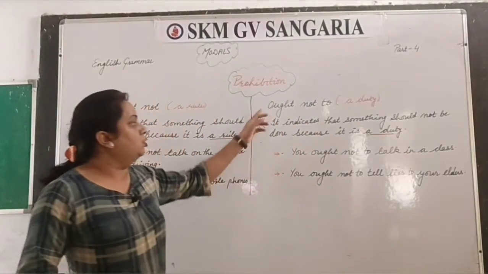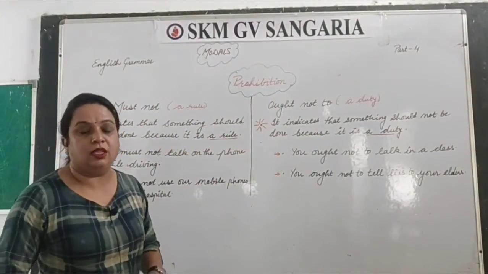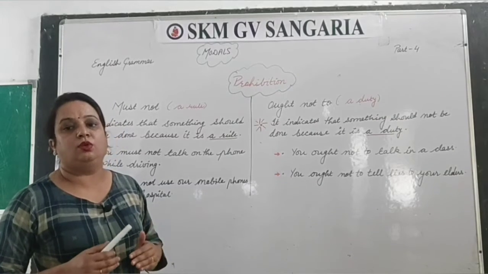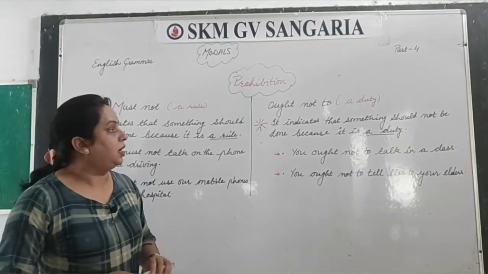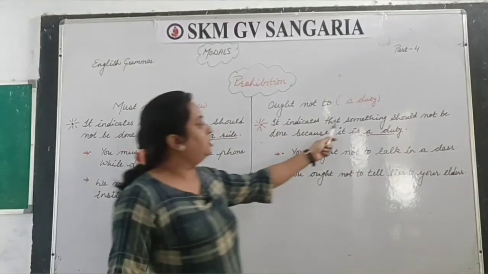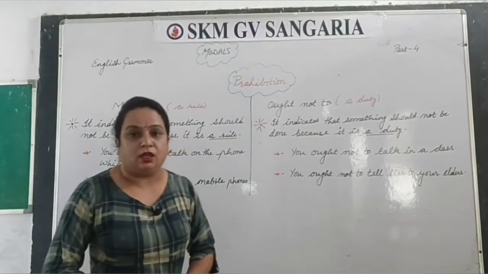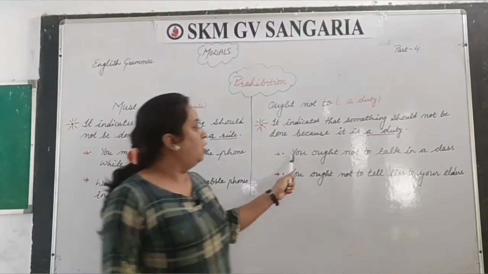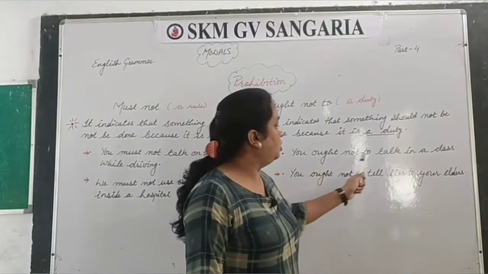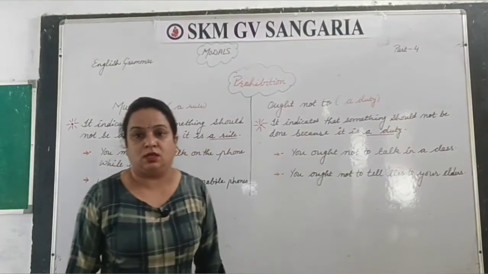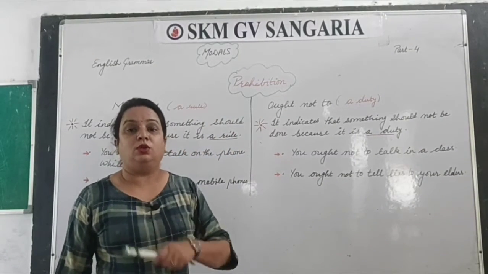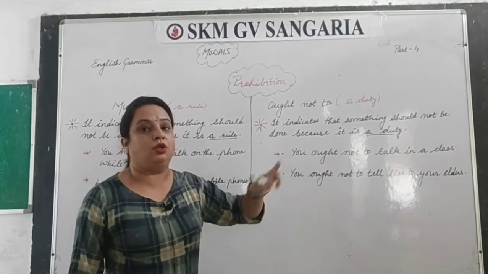Next one is use of ought not to, and this I have told you when you have to follow some duty, right? So it indicates that something should not be done because it is a duty. Clear? For example, you ought not to talk in a class. You ought not to talk in class, ought not to.